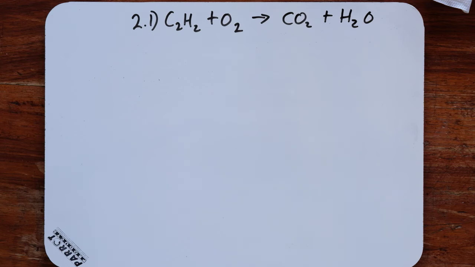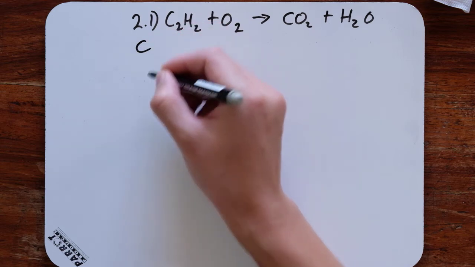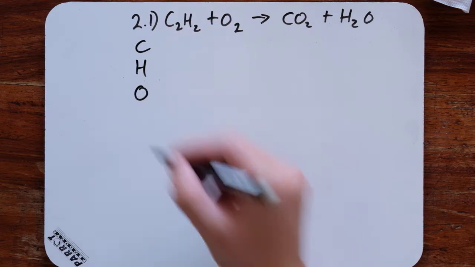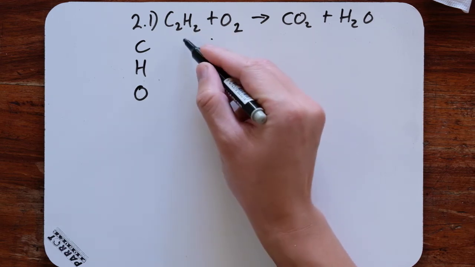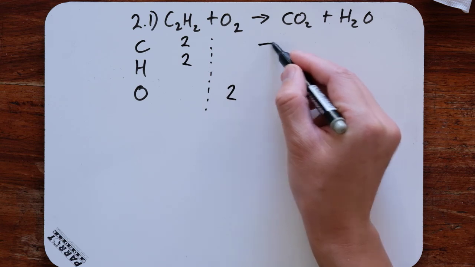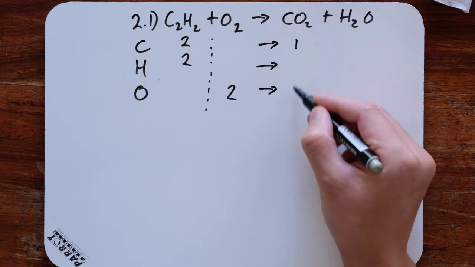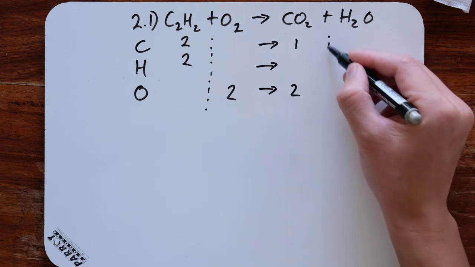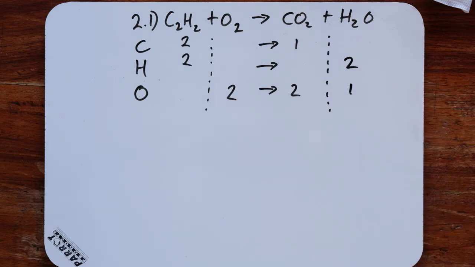Alright, so this one is a bit more complicated because there's three different elements. There's carbon, there's hydrogen, and there's oxygen. What we can say is that there are 2 carbons and 2 hydrogens and 2 oxygens. And over here we've got 1 carbon, 2 oxygens, but 2 hydrogens and another 1 oxygen.